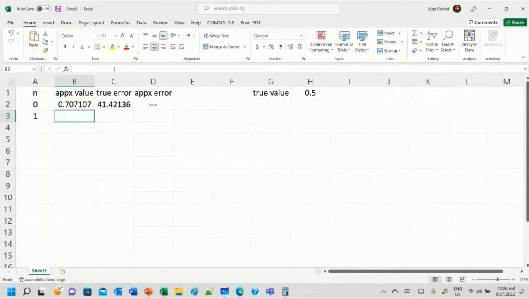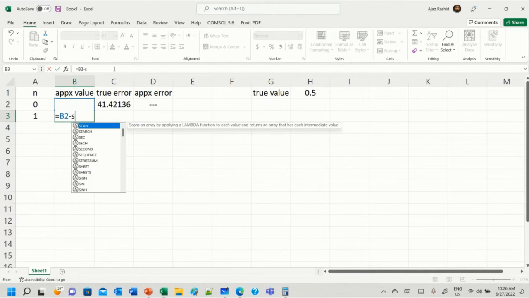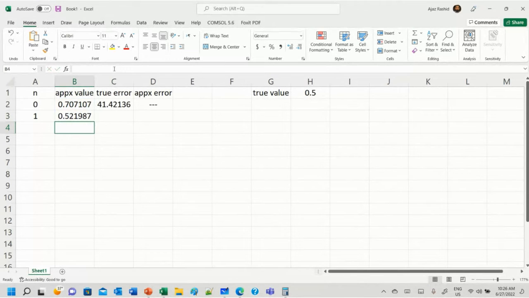Then the first order is whatever we had here. Then the first derivative was minus sine of pi by 4 multiplied by pi by 12, and we got it to be 0.522. I can copy this down to get the error here.